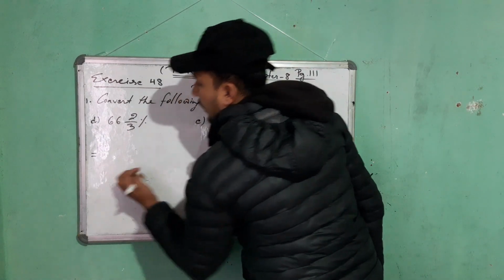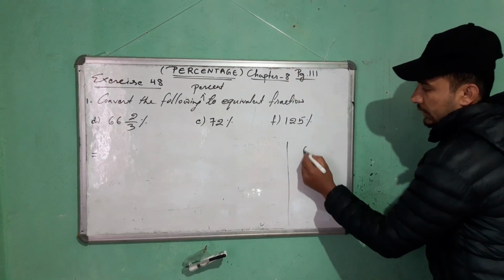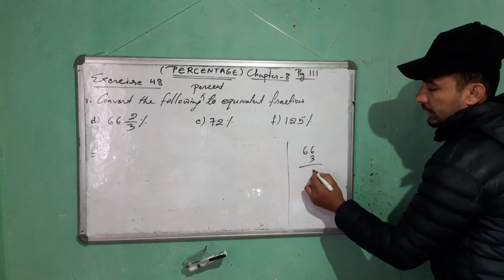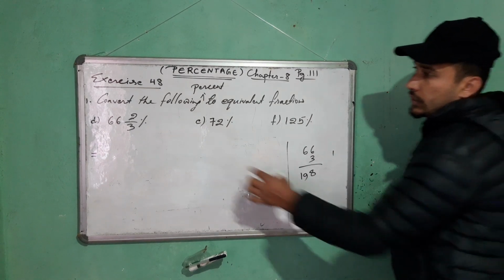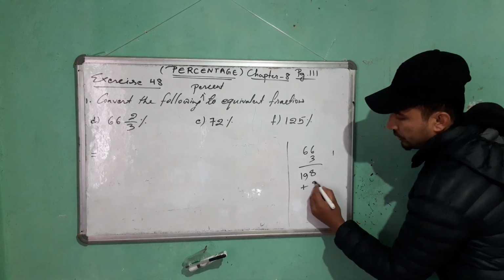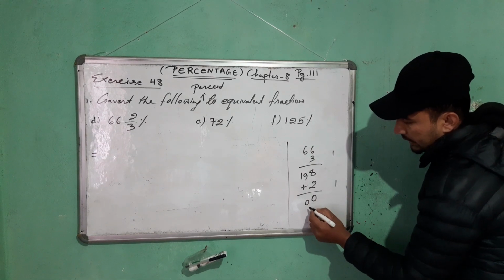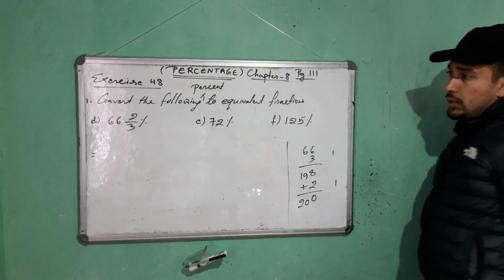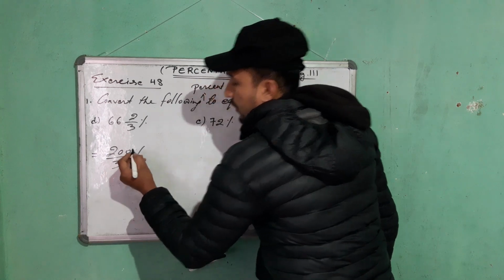So first let's multiply this. 3 into 66, you do in rough. 66 into 3: 3 6s are 18, 1 is carried over, 3 6s are 18 plus 1 is 19, plus 2 is 20. So 200 upon 3%.